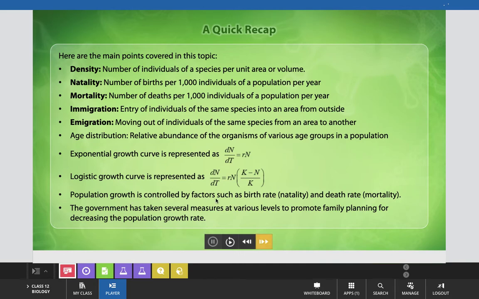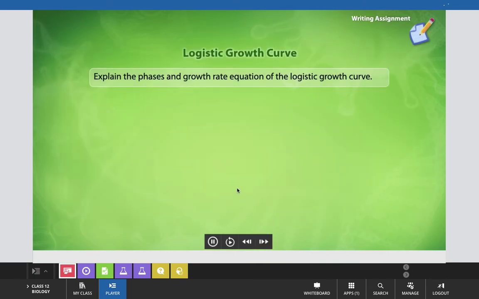Population growth is controlled by factors such as birth rate, natality, and death rate, mortality. And the government has taken several measures at various levels to promote family planning for decreasing the population growth rate. This is the writing assignment related to the topic that you can attempt: explain the phases and growth rate equation of the logistic growth curve.